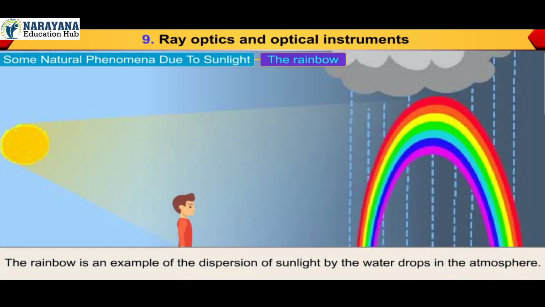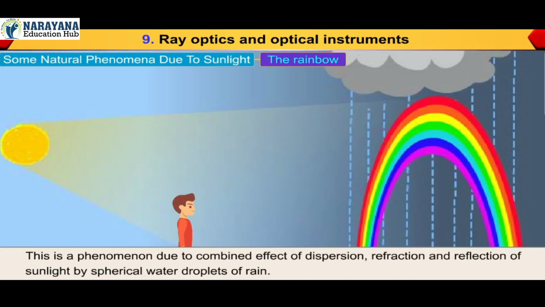The rainbow. The rainbow is an example of the dispersion of sunlight by the water drops in the atmosphere. This is a phenomenon due to the combined effect of dispersion, refraction, and reflection of sunlight by spherical water droplets of rain.